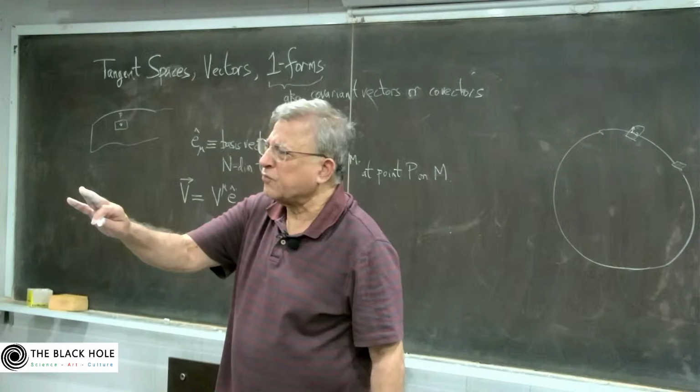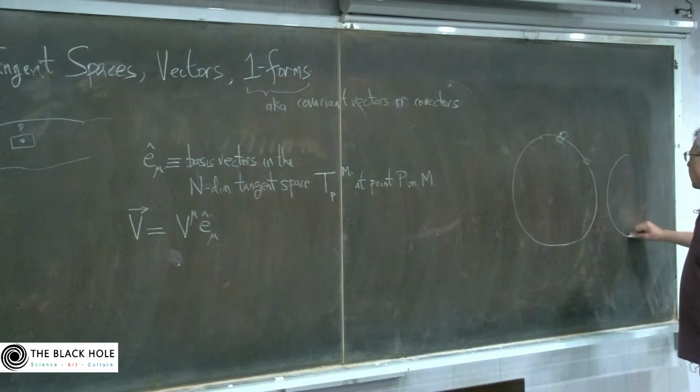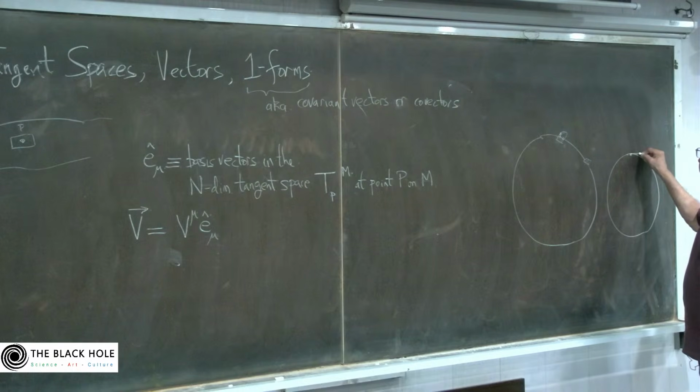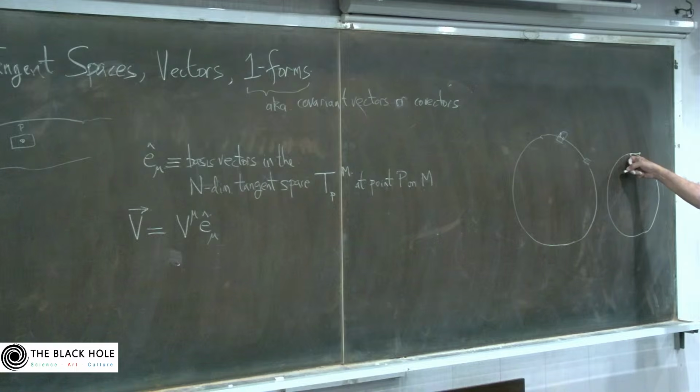Or just to make this even clearer, take a circle. This is the tangent vector. This is a tangent space of dimension 1.